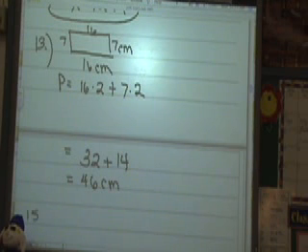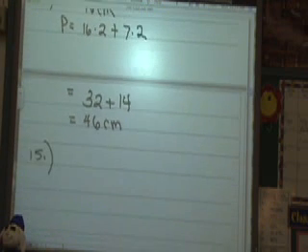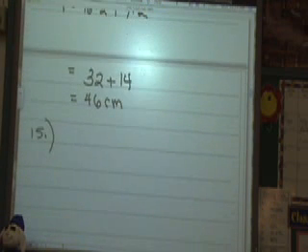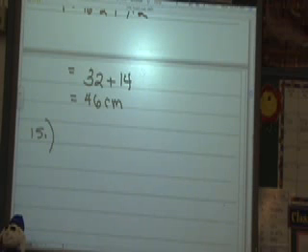And the last problem, I want you to translate that sentence into an algebraic equation. The sum of 3 times a number and 4 is 52. Can someone do that? You get to pick your variable. Robbie?